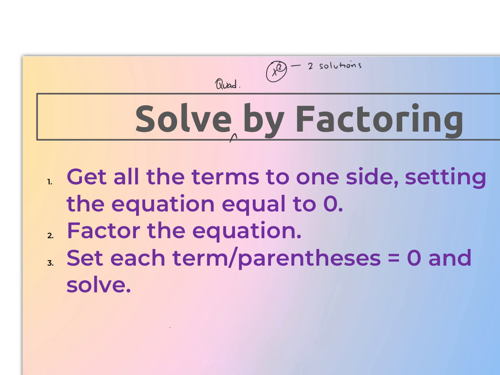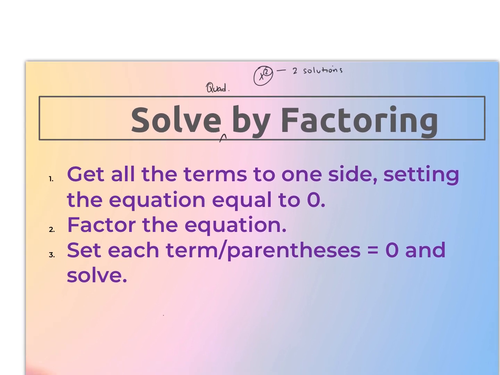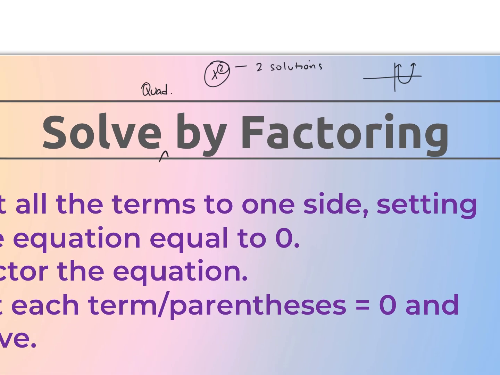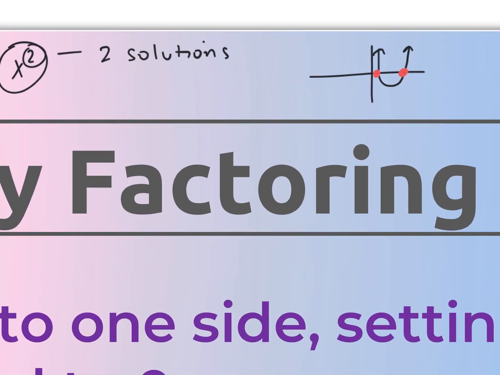And those two solutions also mean something in regards to the graph. When we graph a quadratic equation, it's always in the shape of a parabola, and it usually crosses the x-axis in 2 points, okay? When it crosses the x-axis at 2 points, each coordinate is going to be x, y.